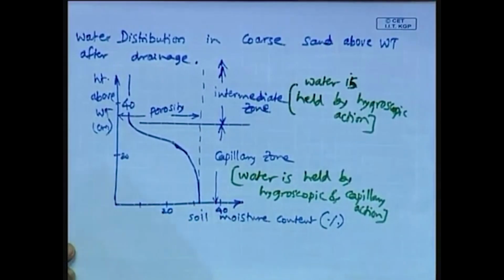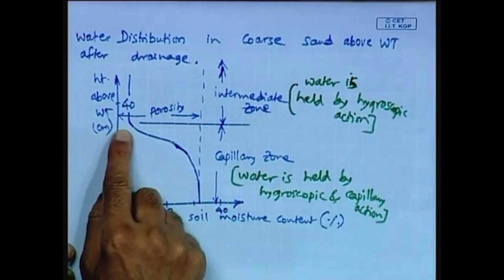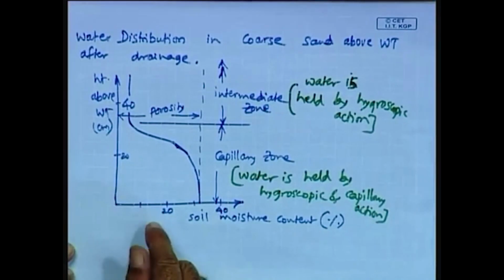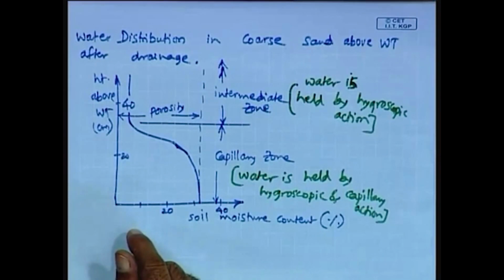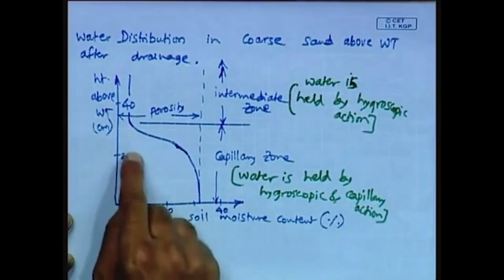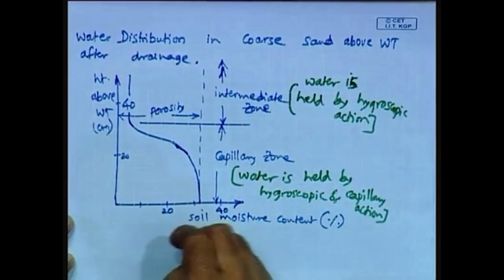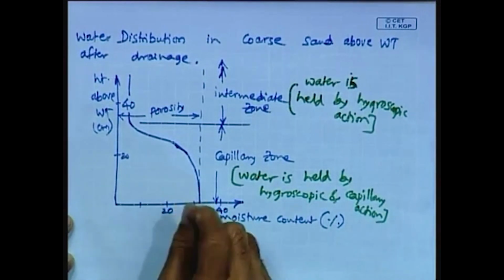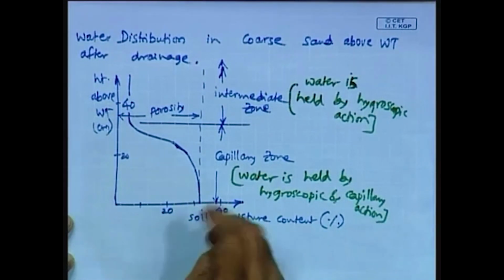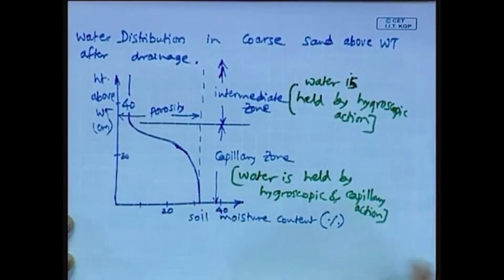First of all, for this capillary action they must have a very small size, through which this capillary rise takes place due to the force of attraction between the soil or rock particle and water, due to the surface tension force, and above that in the intermediate zone it is entirely by the intermolecular attraction between the soil moisture, the air voids, as well as the soil or rock particles.